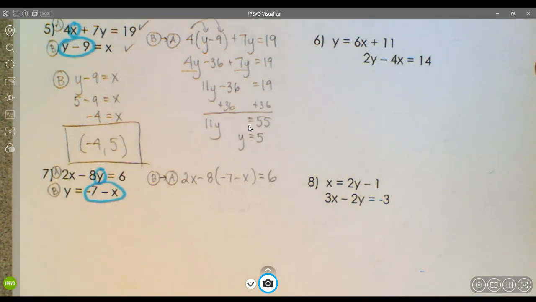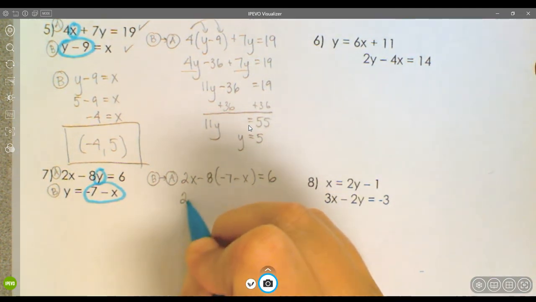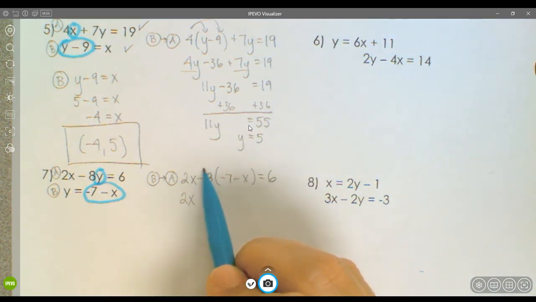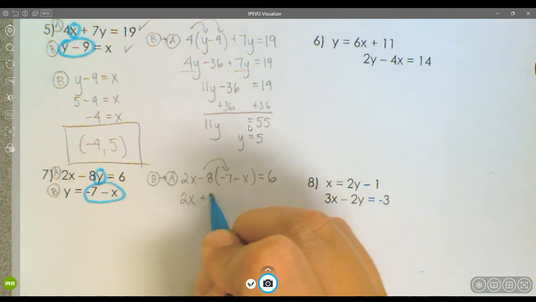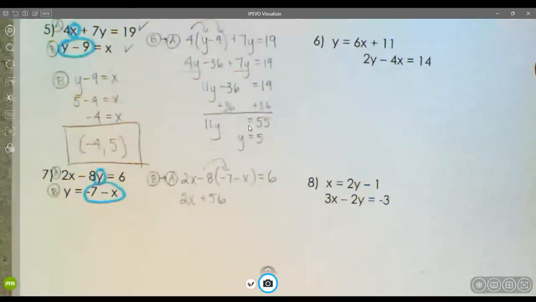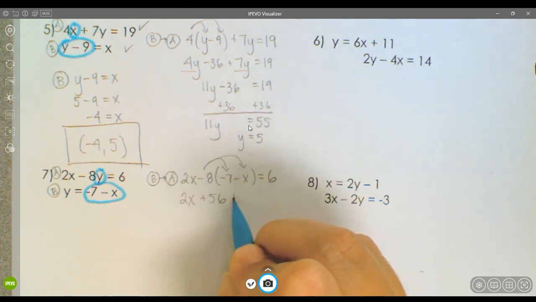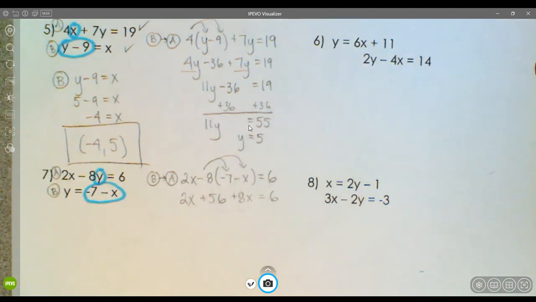It looks like I've substituted, so let me carry everything through. 2x comes down, and doggone, I'm going to have to distribute a negative. So I'm taking negative 8 times negative 7. That's a positive 56. And then I'm going to take negative 8 times negative x, which is a positive 8x. And that will equal 6.